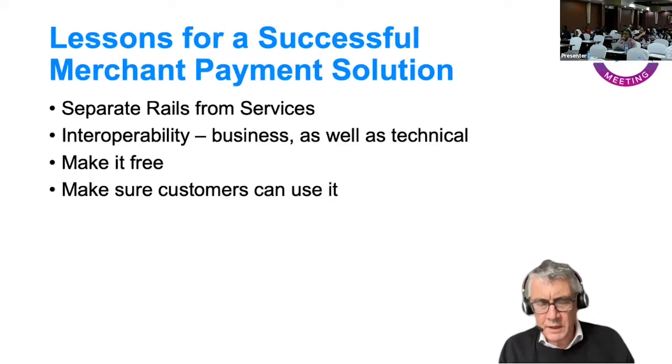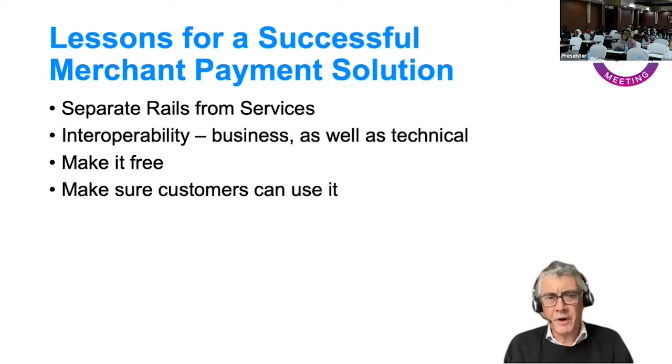And then it's good practice to build on that as a separate service, the actual merchant payment service or the scheme, which happens to use the modular loop hub as its payment rails. And that means you can actually deploy multiple payment schemes on the same rails. And it can also coexist against other payment schemes. It provides interoperability at the business level as well as technical.